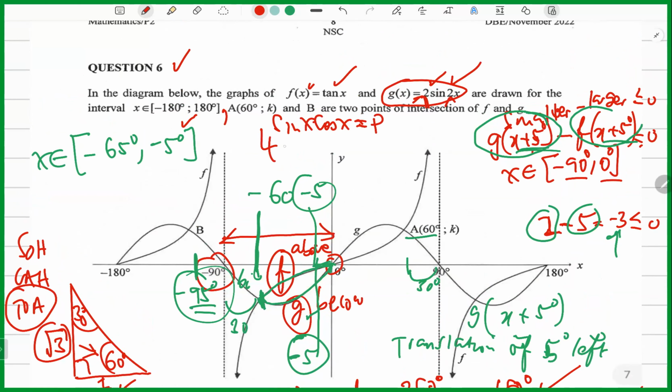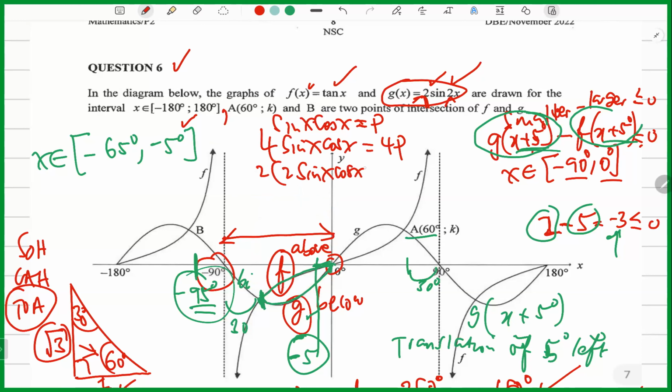If you multiply the left by 4, you have 4 sine x, and you multiply the right by 4, you have 4p. After this, the 4 can be split into 2, because we need 2 sine x cosine x, which is the sine of 2x, equals 4p.